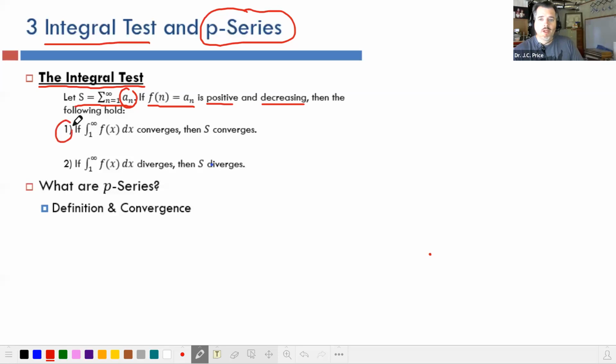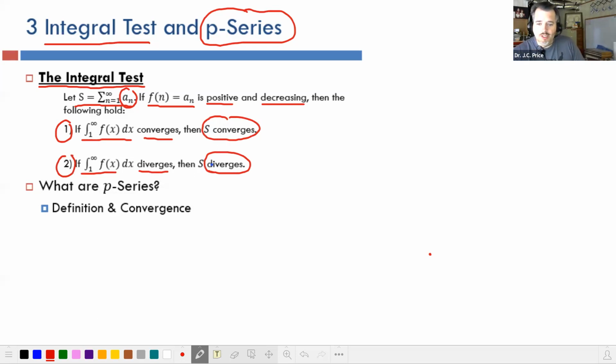First, if you look at the improper integral here and it converges, then we get to automatically conclude that S converges. Or if the improper integral diverges, then we automatically get to conclude that S diverges.